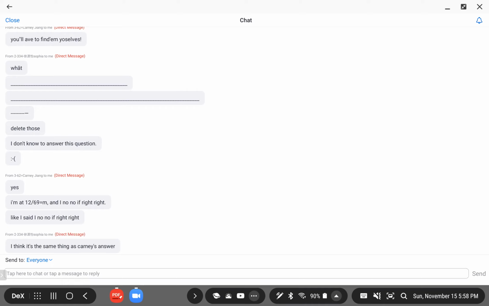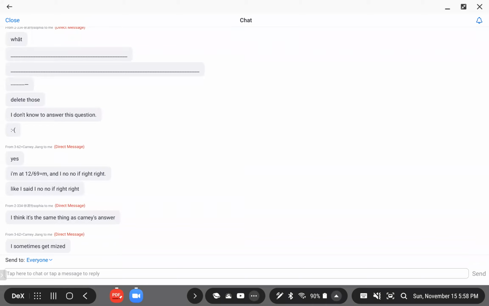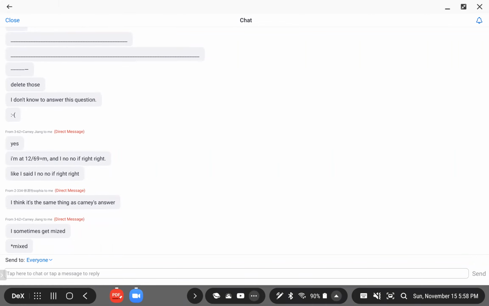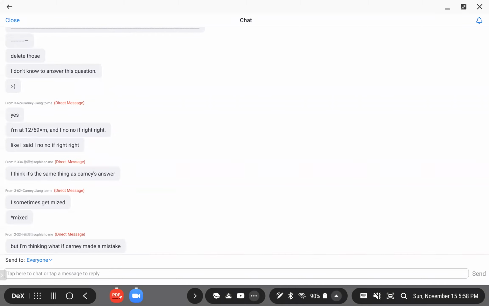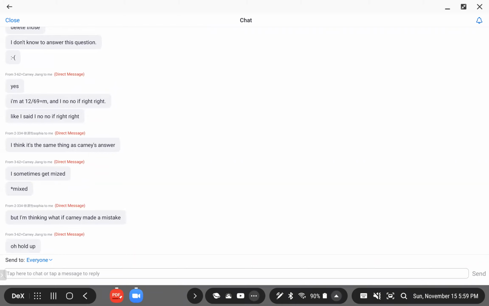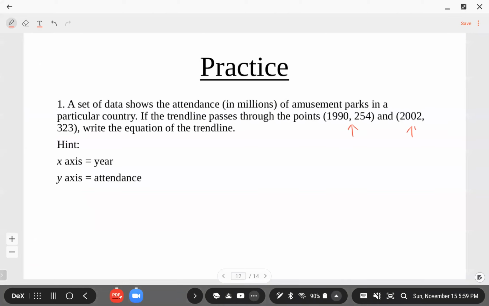Are you sure it's not 69/12? Those numbers are correct, but are you sure it's 12/69 or is it 69/12? Sometimes you get it mixed. Then I'll walk you through it. But very good work, Carney, on getting the numbers of the slope.